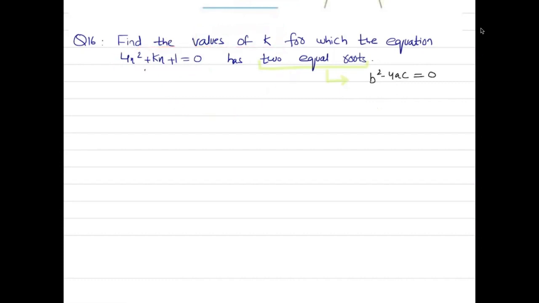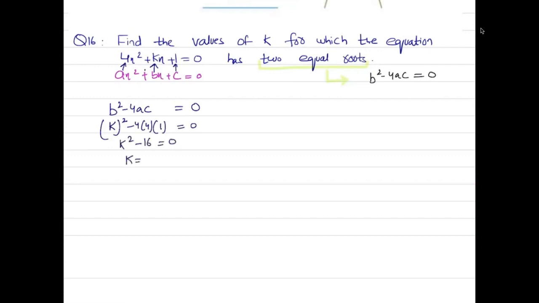So this equation is in the form of ax squared plus bx plus c. If I want this equation to have two equal roots, then the discriminant of this equation must be equal to 0. What's the value of b over here? In the equation, notice that the value of b is k, the value of a is 4, and the value of c is 1. So this gives you k square minus 16 equals to 0.